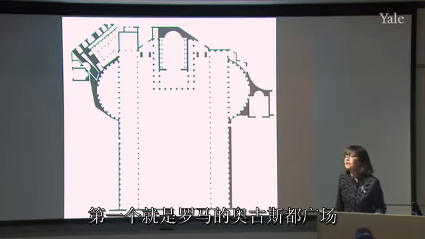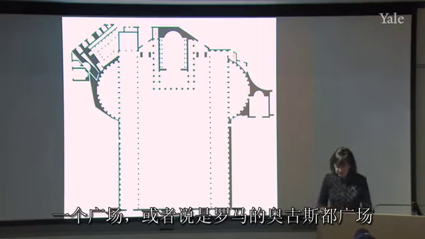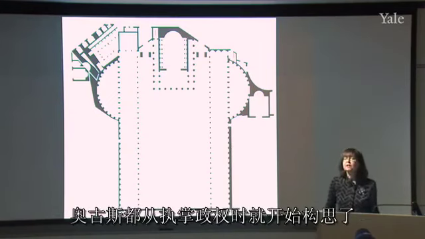The first of these is the Forum of Augustus in Rome, the Forum Augustum, that was very much in Augustus's mind from the beginning of his rise to power.